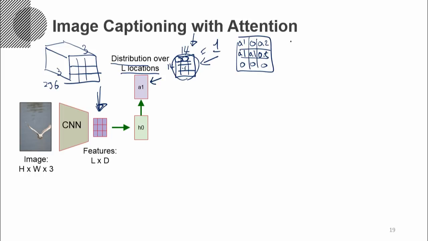In this case, it indicates that we have to look at this part, which corresponds to this region, with a probability of 50%. At the same time, we have to look at this part with 0 probability, which means we have to ignore that part at this moment, and 20% on this part, and so on. And then these values will be multiplied with each of our feature vectors that has this 256 dimensional vector.